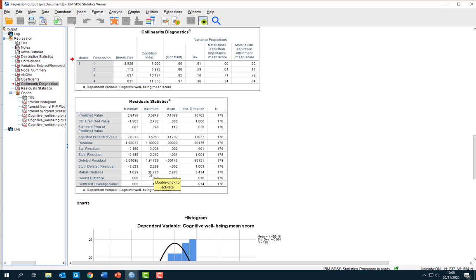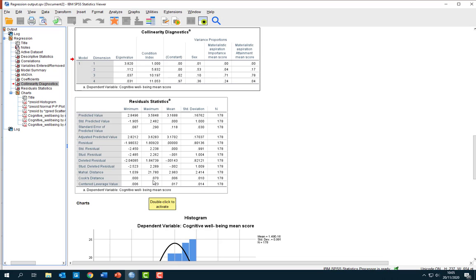We can actually identify how many we have by looking at the data set and using the newly created Mahal distance variable in our data set to sort the cases and identify which are the potential outliers. I'm a little bit lazy, so what I tend to do is look at the Cook's distance first before I do anything else, and the maximum Cook's distance can tell you whether, okay, we may technically have some multivariate outliers, but are they causing a problem?